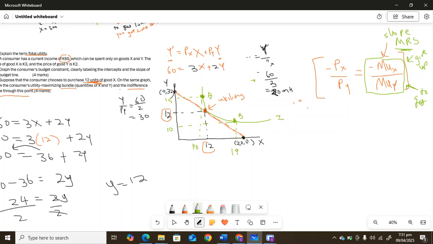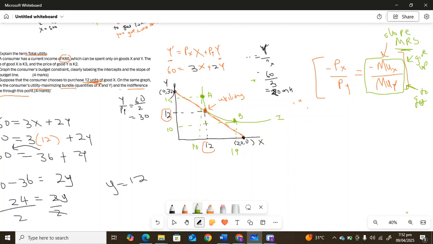So these points A and B, you don't care which combination, you are indifferent about the combination. If you want 15 units of good Y and 10 units of good X, you're okay with that. If you want 10 units of good Y and 19 units of good X, you're okay with that. They are all going to give you the same level of satisfaction.